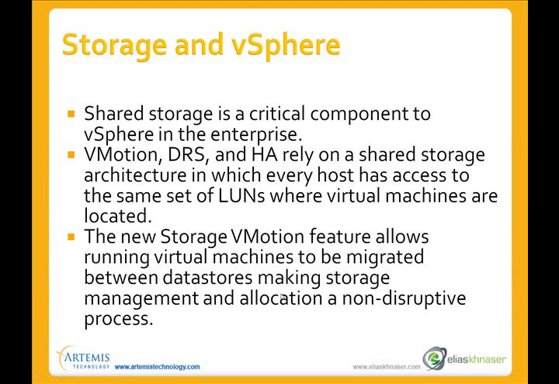So without shared access, if you're moving a VM from ESX host 1 to ESX host 2 and it doesn't see the same storage, then it can't move it. So you see here, shared storage is a critical component because it needs to see where it's moving it from and to.